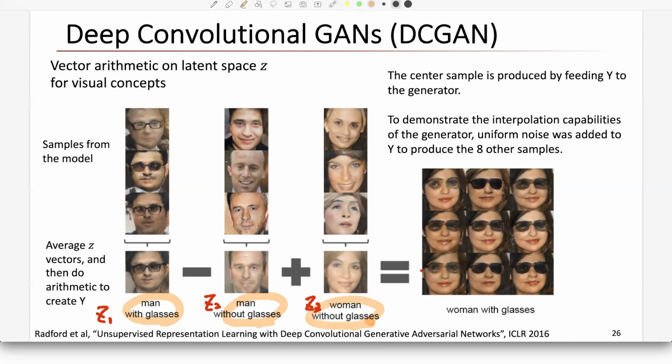Then Z1 minus Z2 plus Z3 is going to be what? It's going to be a woman with glasses, right? Then with random noise, we can generate fake samples of women with glasses, things like this. So this is the effect of the generator in the DCGAN module.